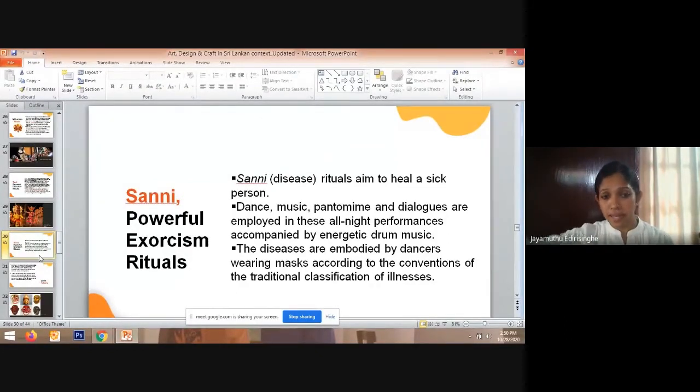And in this Sanni performance there are also dances, and again music, and again dialogues, in order to keep the crowd engaged and keep the performance energetic throughout. The dancers are wearing masks and having different conversations or dialogues, and they try to send away the bad devils and all bad forces making these people sick.